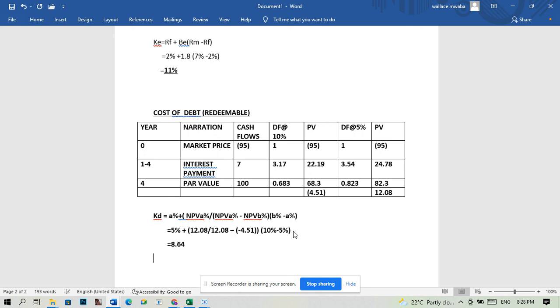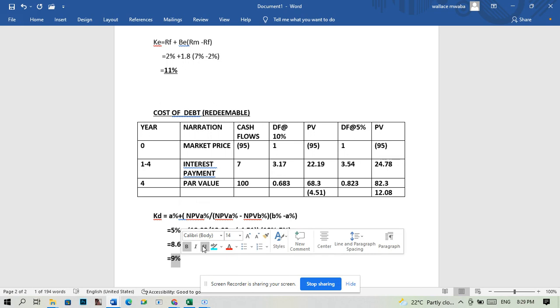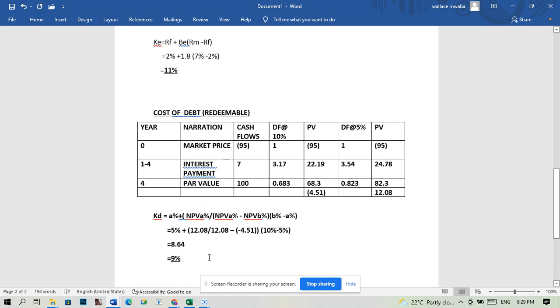Is everybody finding that? Accurate. Yes, I'm also confirming. I'm getting the same figure.